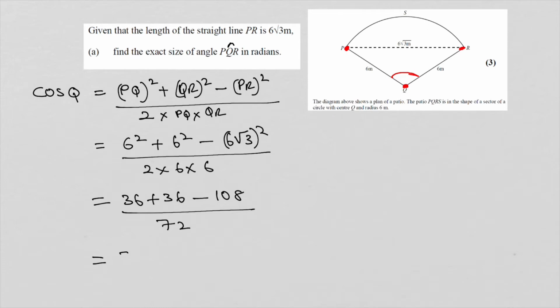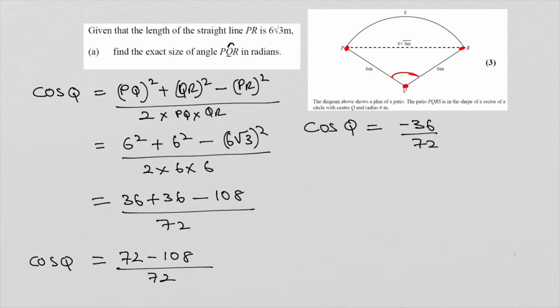So that would be 72 minus 108 over 72, and that's still cos Q. So cos of Q equals minus 36 over 72, which gives minus a half.